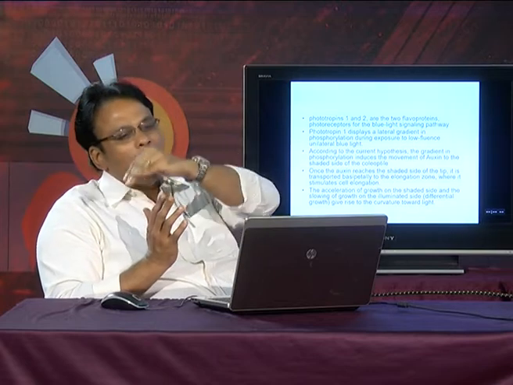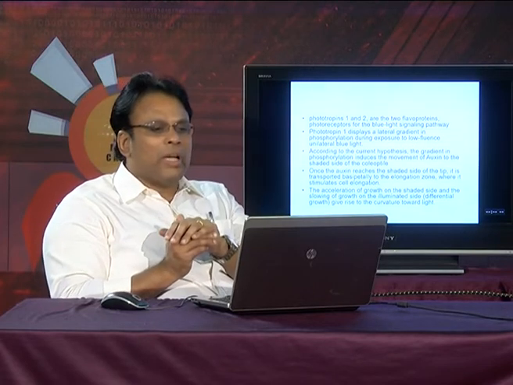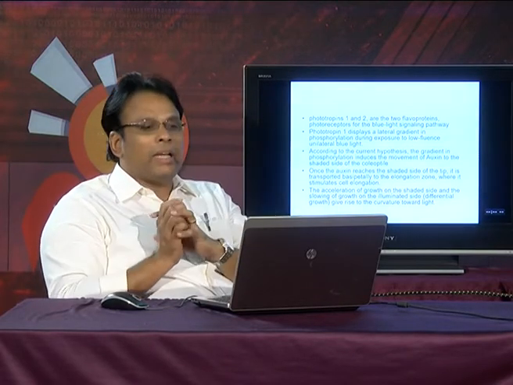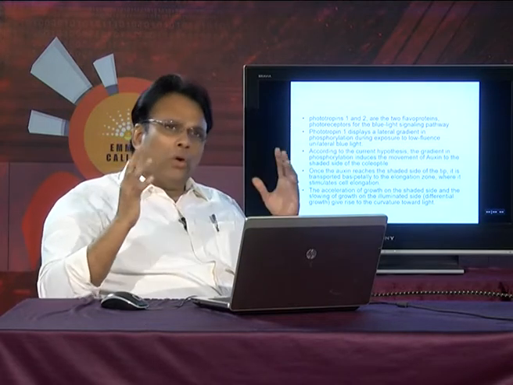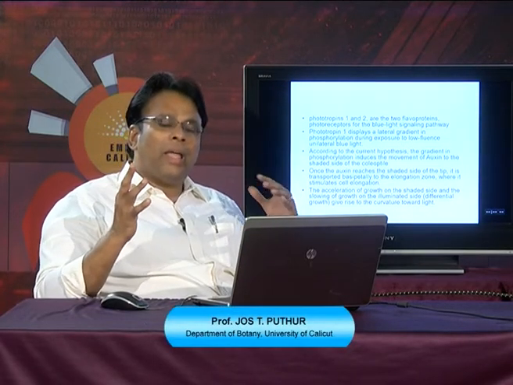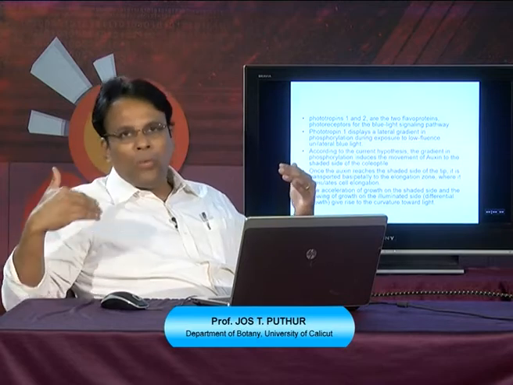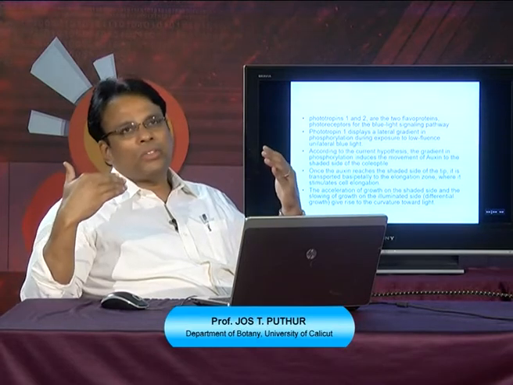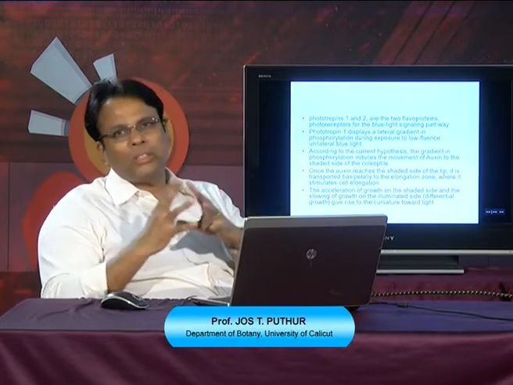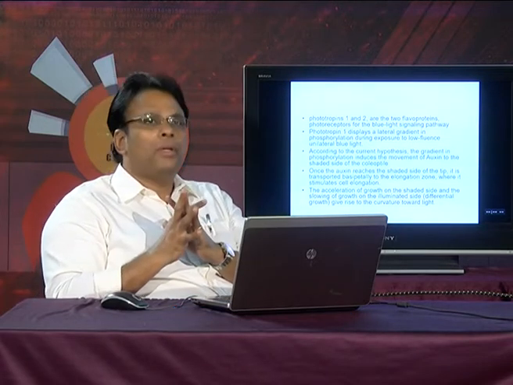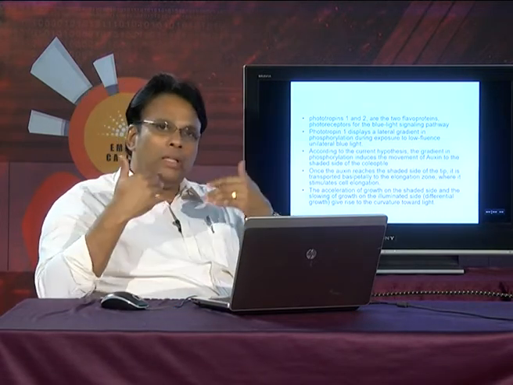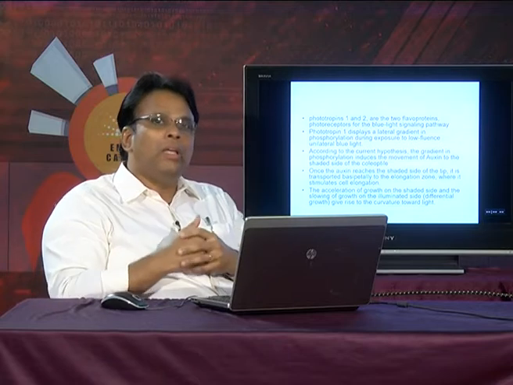The more auxin migrating towards the opposite, shaded side will slow down the growth, because as I told you earlier, if auxin exceeds or falls below a particular optimal concentration, which we have seen lies between 10 to the power of minus 6 and 10 to the power of minus 5, it can inhibit auxin action.